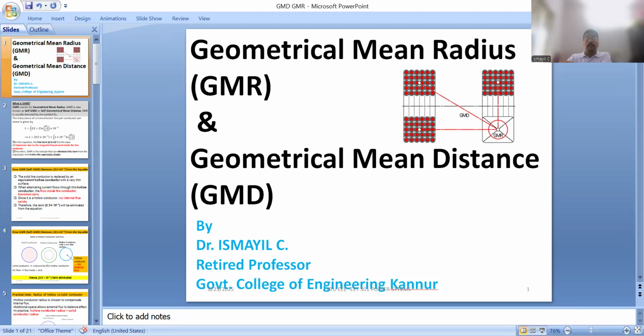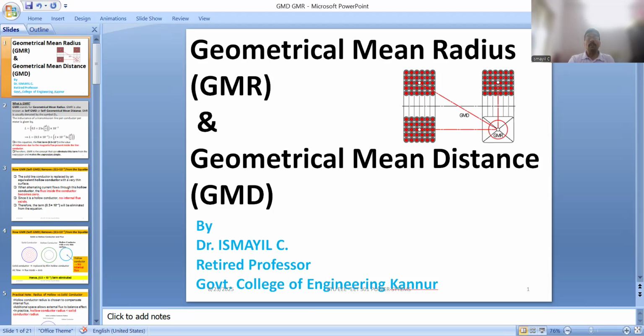The important term here is the distance between these two conductors. So in this special case, the mutual GMD or simply GMD is the distance between the centers of the conductors. That is, in this case, we only have to consider one distance, from conductor A to conductor B. That's all. That is why here it is simply the distance between the centers of the conductors.